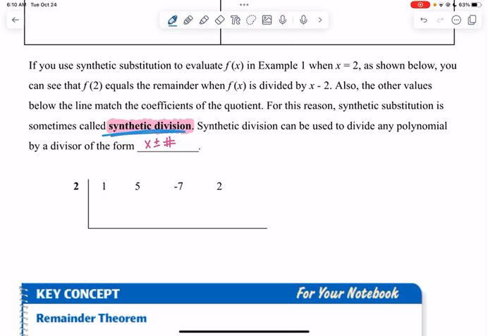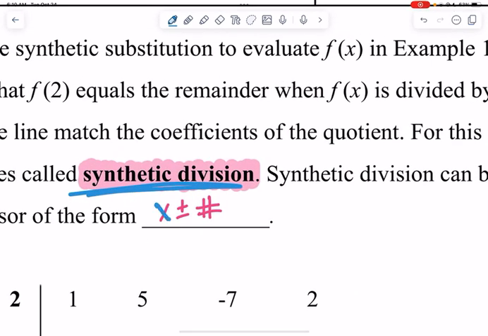That just means that you have to divide by a polynomial with 1x plus or minus a number. So it can't be like 3x plus 8 or x squared minus 4. It has to be 1x plus or minus some value.